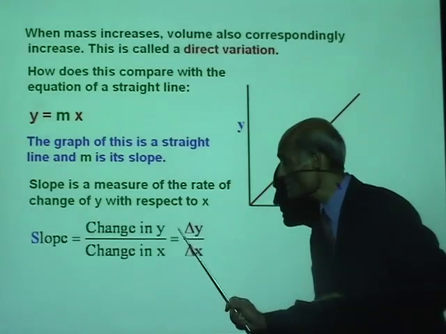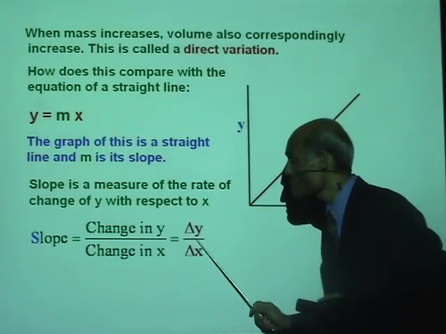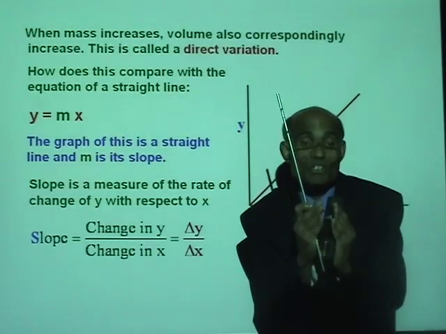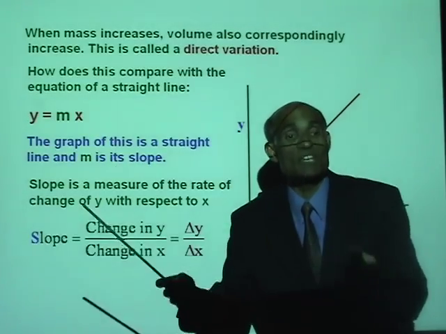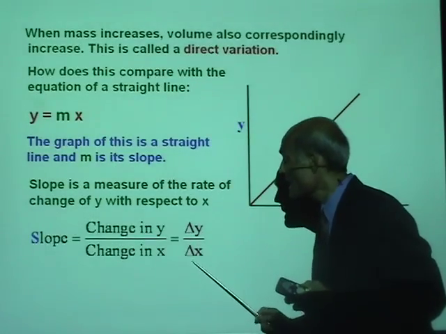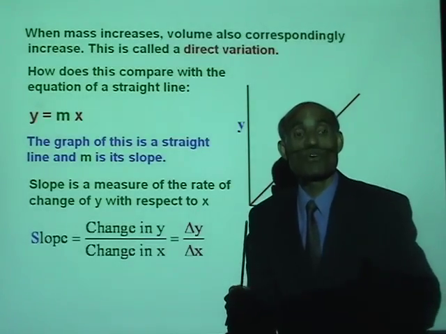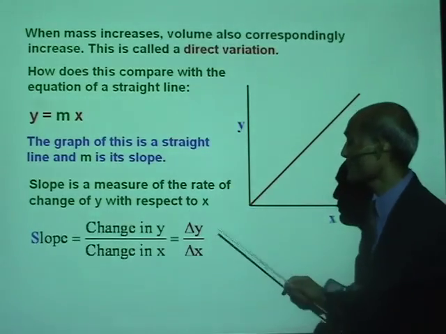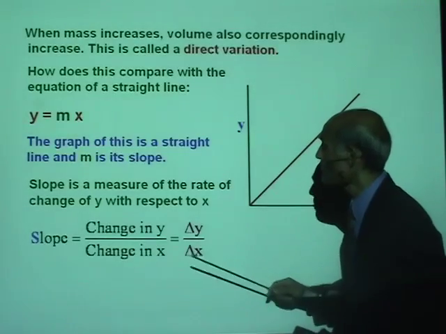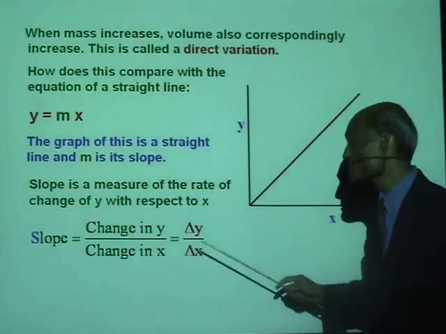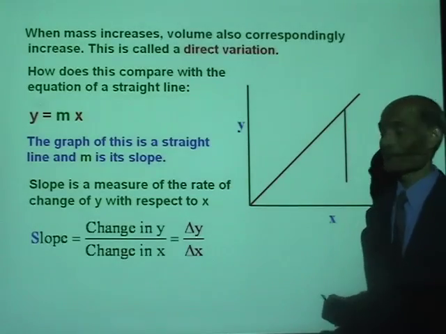And how do we write it? Change in y is represented as delta y. So delta y is a single quantity which stands for the change in the value of y. Delta x is again a single quantity which stands for the change in the value of x. So the change in the value of y divided by the change in the value of x is a measure of the slope.